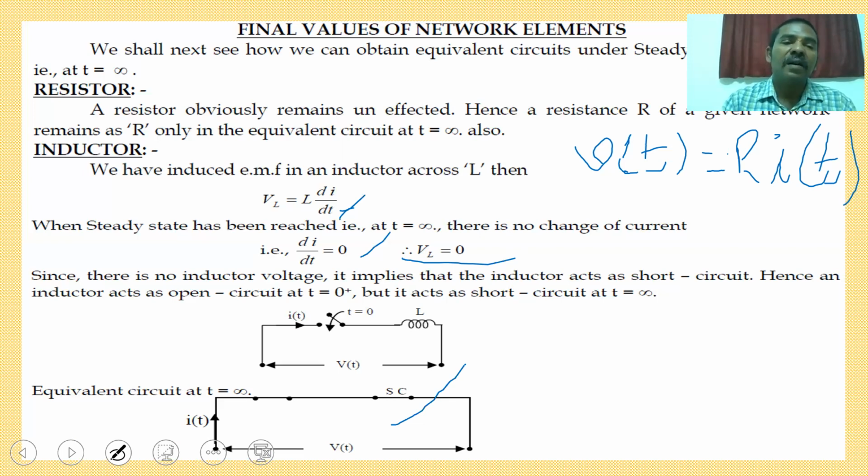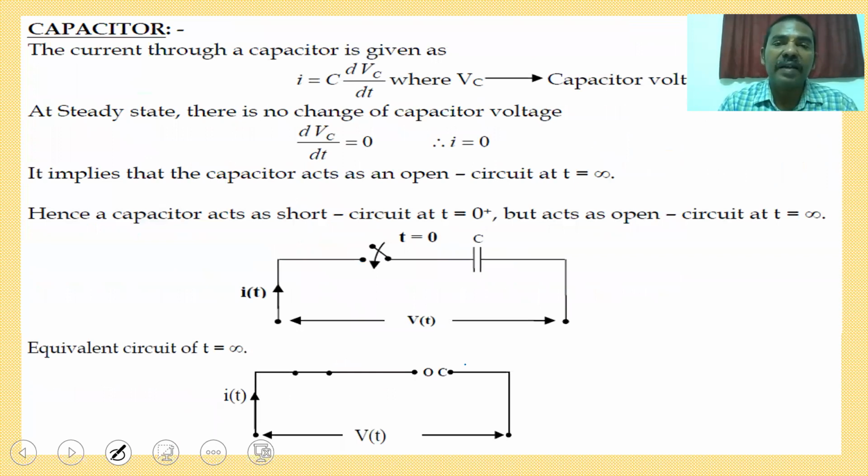Okay, then coming to the capacitor, the capacitor current can be represented as I is equal to C dVc by dt, where Vc is the voltage drop across the capacitor. Whenever t is equal to infinity, dVc by dt, that is dVc by d infinity, you get 0.